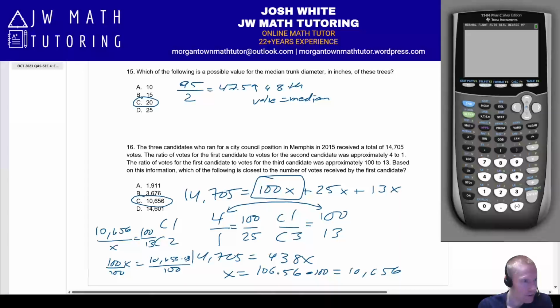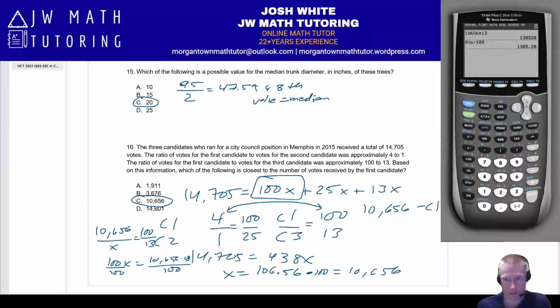All right, so if we do that out, we get 1,385.28. So candidate 1 has 10,656 and candidate 3 has 1,385. I mean, you can't really have 0.28 of a vote, but we'll just leave it in there for now.